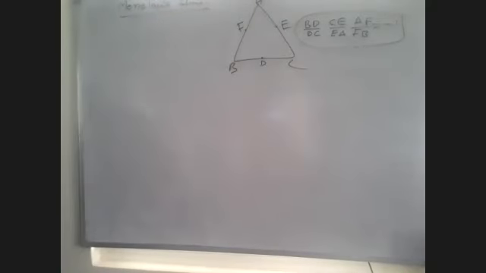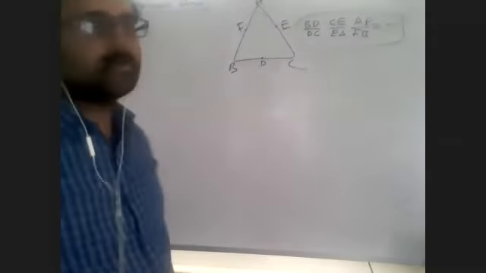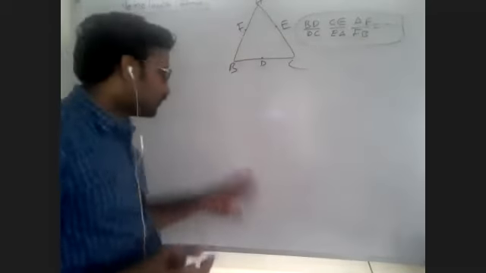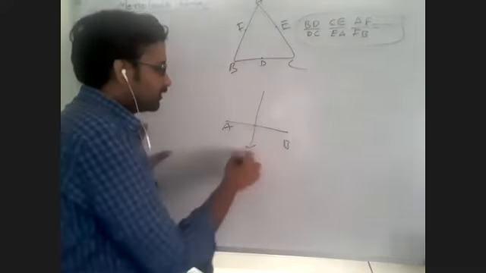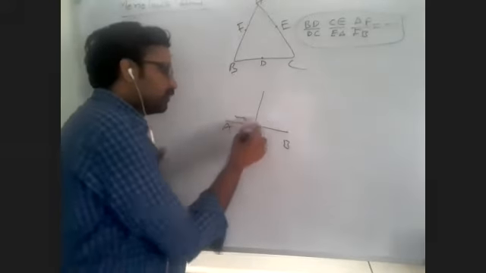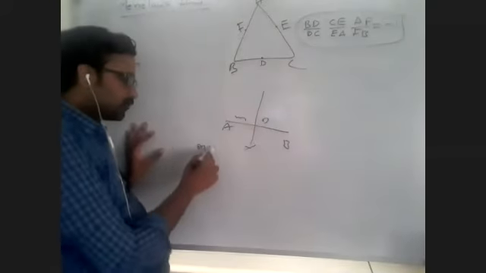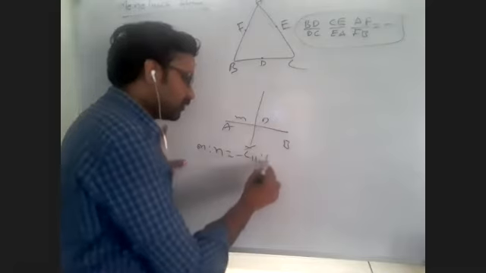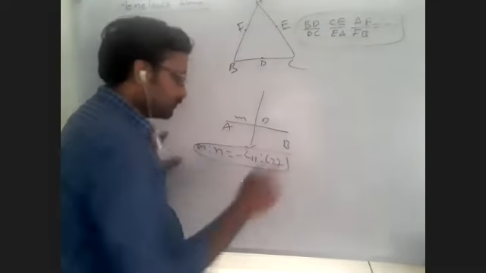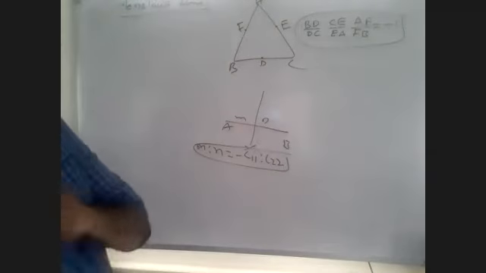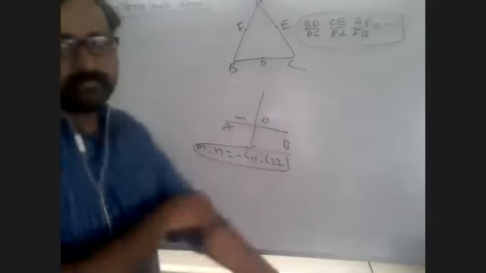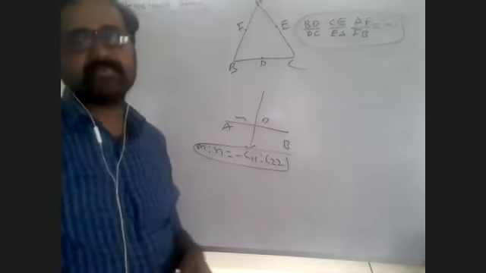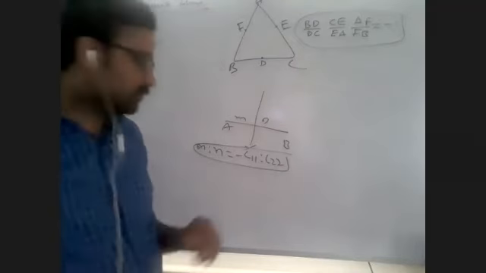This is also very easy compared to the previous one. We know before that if AB is a line segment and any line cuts AB in the ratio m is to n, then we have the formula m is to n is equal to minus L11 is to L22. If a line divides a line segment in some ratio, this is the formula to find that ratio.